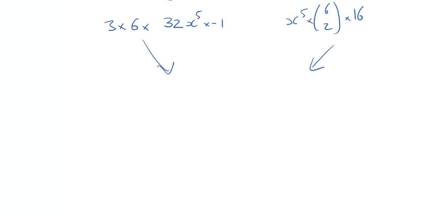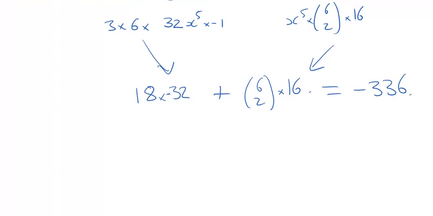So 3 times 6 is 18, so this is going to be 18 times negative 32, and I'm just going to write 6, 2 there, multiplied by 16. If we add those up, we're going to end up with a minus 336.